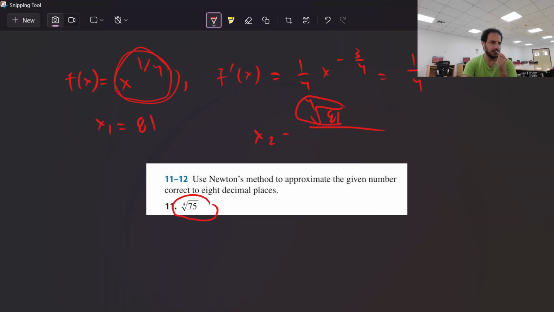But see, it involves a problem similar to what we want to calculate. Then next you want x2 minus 4th root of x2 over the derivative. So the problem with this function is that you want to approximate the 4th root of 75 by using the function itself, I mean the 4th root. So do you understand my point?